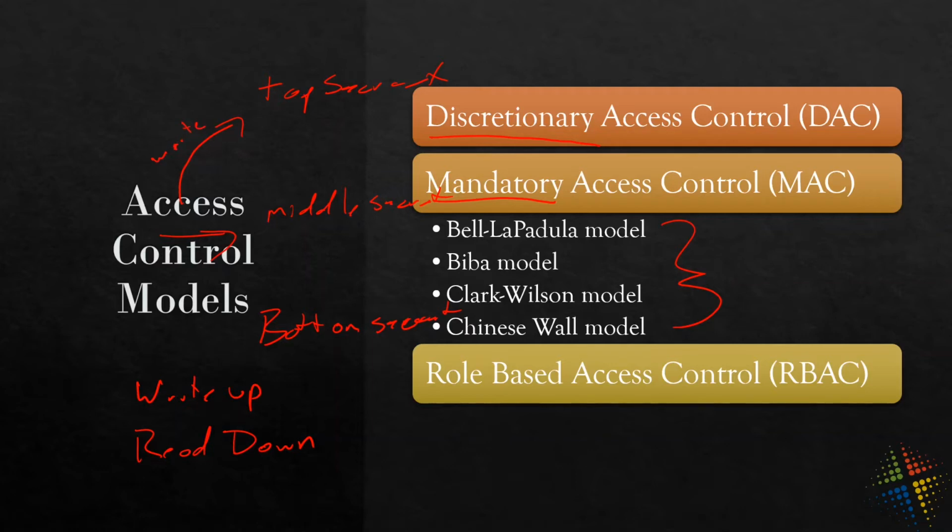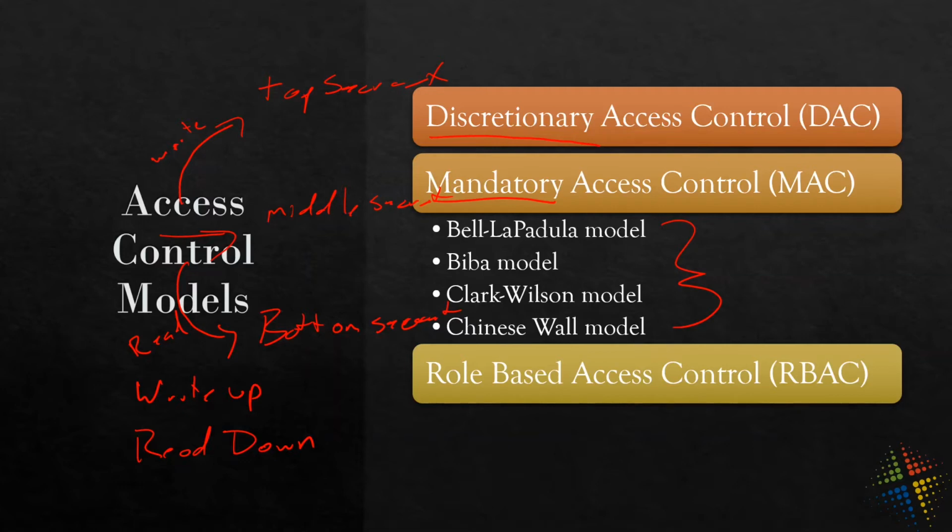Even though I only have the middle secret clearance, I can still write up into the top secret clearance, but I can't necessarily read it. I can report the information, and that is all. However, I can read what is below my secrecy level, both at my secrecy level as well as below. So write up, read down.